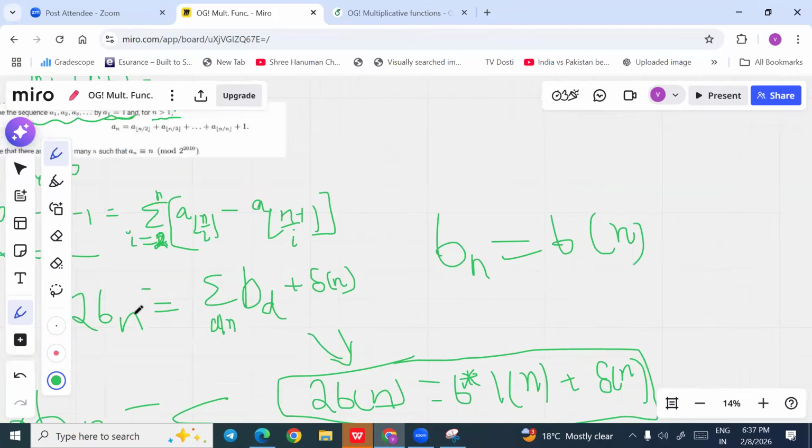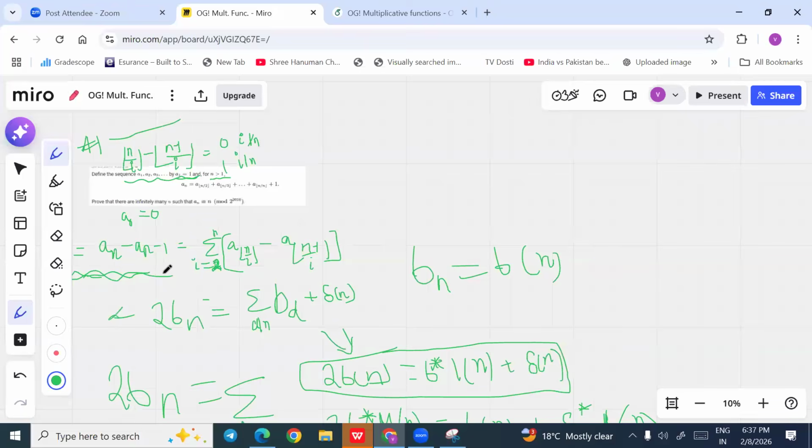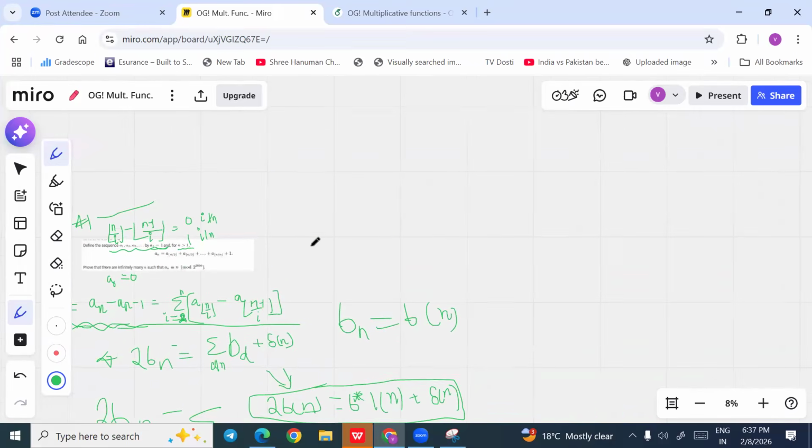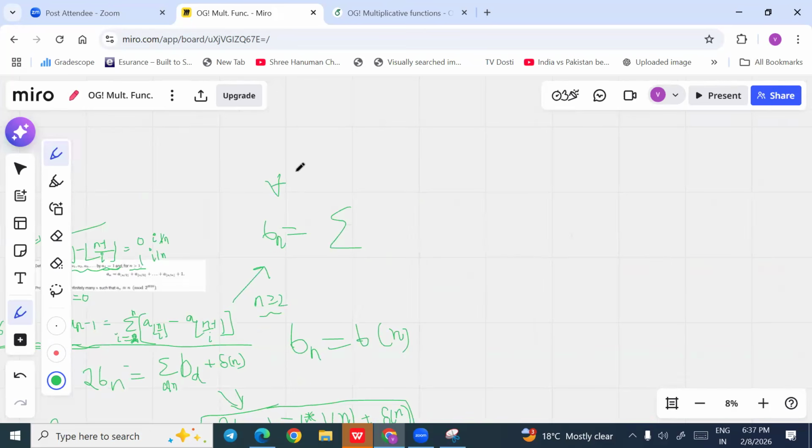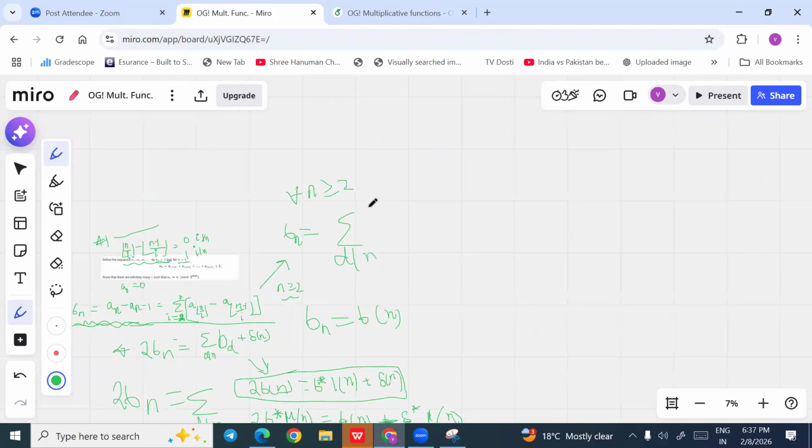Let me just do this thing again. It seems to have a confusion. So b of n is equal to, from this thing here, right? Since i goes till n, n has to be obviously greater than or equal to 2, right? So for all n greater than or equal to 2, you have this, bd, and d is less than n.